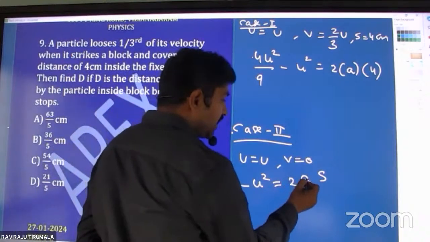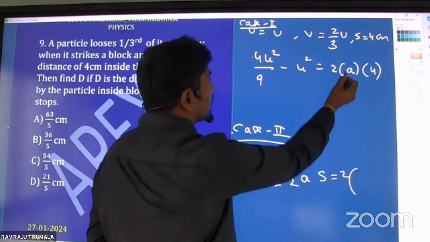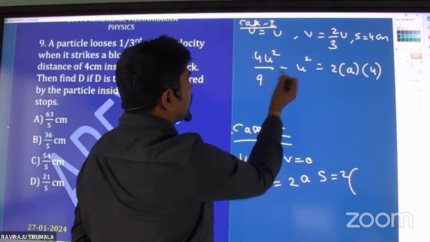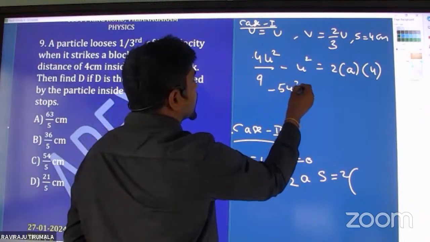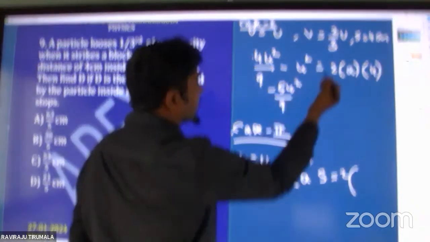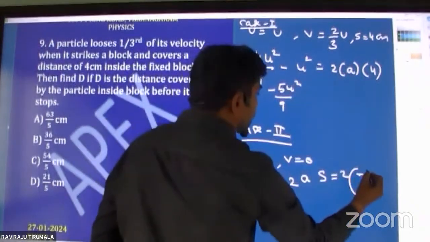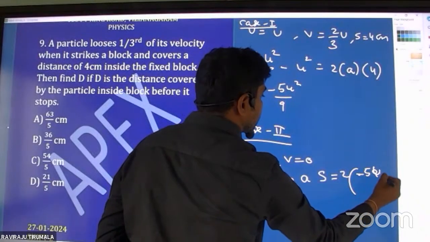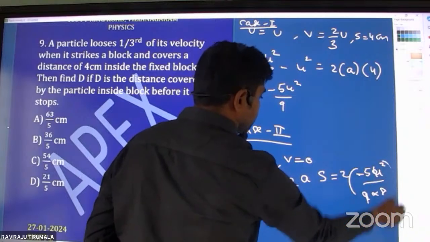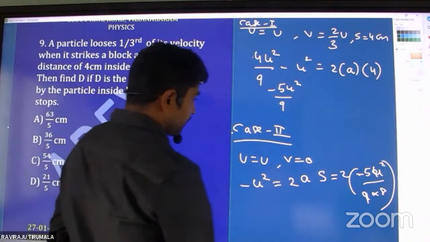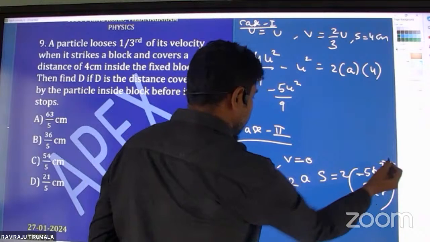And what is the a value here? The a value will be 4u square by 9 minus u square, what does that become? Minus 5u square by 9. So a will be minus 5u square by 9 into 8. Now into s.